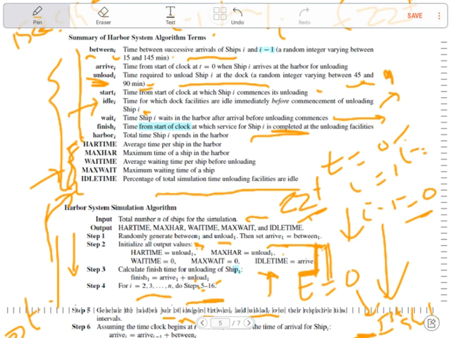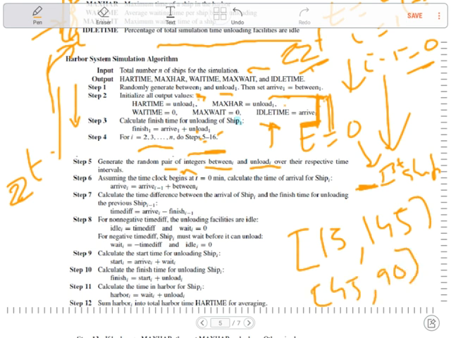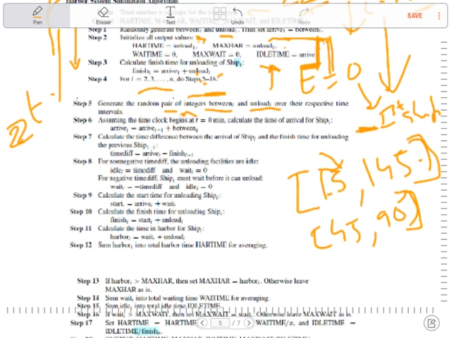So the random numbers we generate should belong to the interval 15 to 145 for between I and 45 to 90 for unload I. Random numbers can be generated using the two procedures we have just learned. Once that is done, we will use between I and unload I repeatedly. Let us see how we will use it.